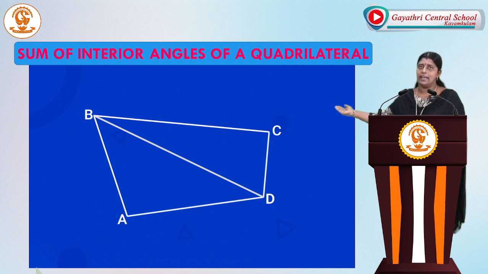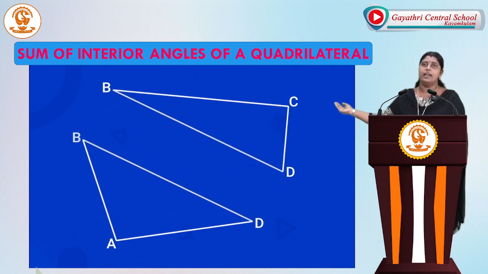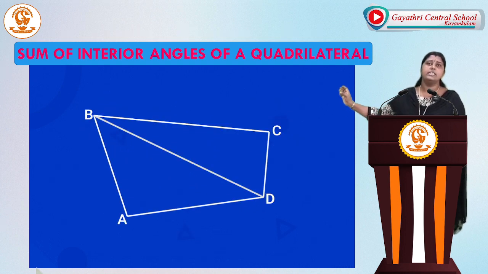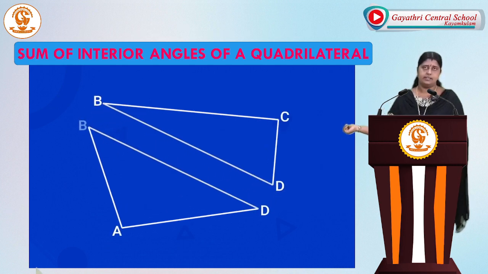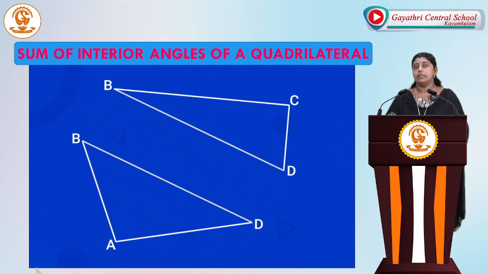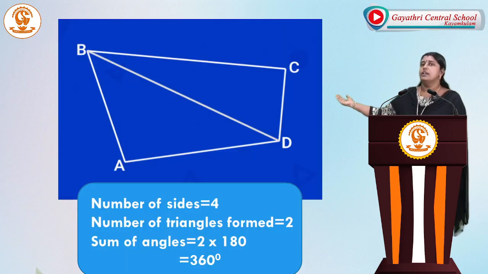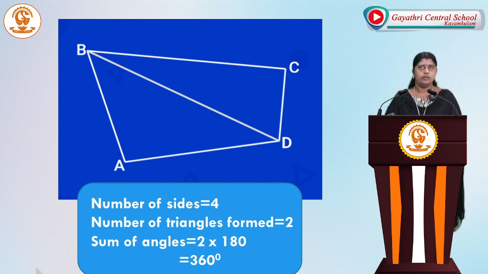By drawing the line segment BD, we can divide this into two triangles. So here we are dividing the quadrilateral into two triangles. The number of sides is 4, because in a quadrilateral there are 4 sides. How many triangles are formed here? There are two triangles.